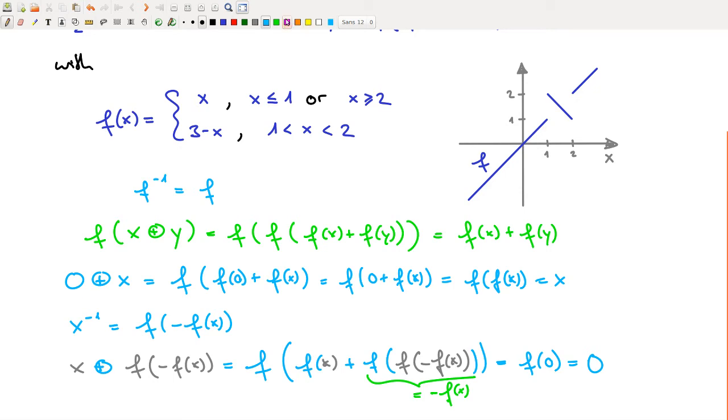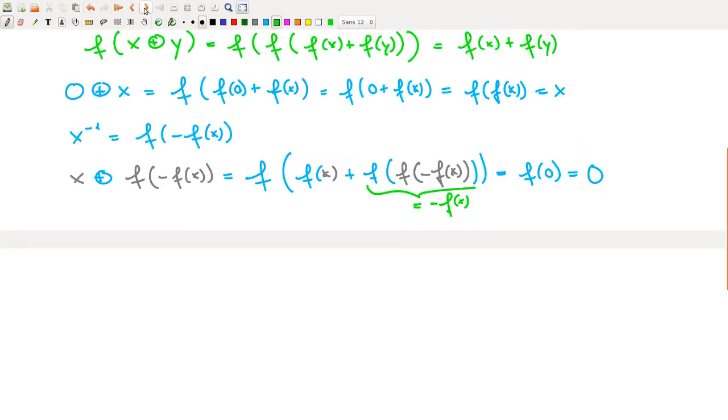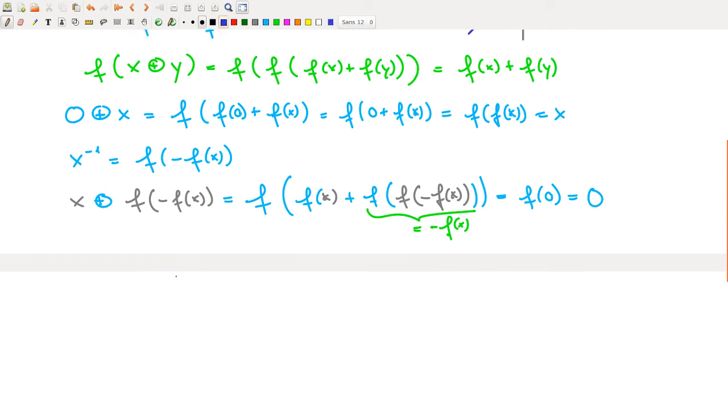And now let's look at inverses close to 1, where we have this discontinuity up here. So what happens here? Let's take some epsilon positive, and then let's look at 1 minus epsilon and the inverse of that. So that's f of minus f of 1 minus epsilon, and that's just f of, well, 1 minus epsilon.